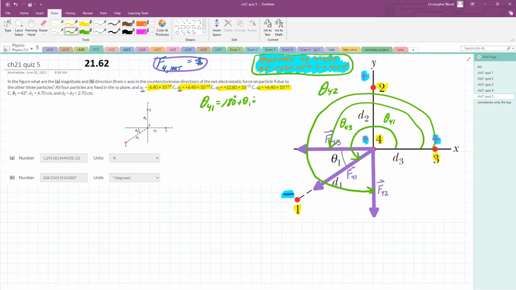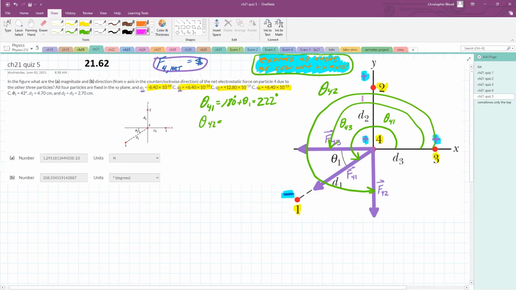My theta 1 is 42, so you do your angle, this is 222 degrees.